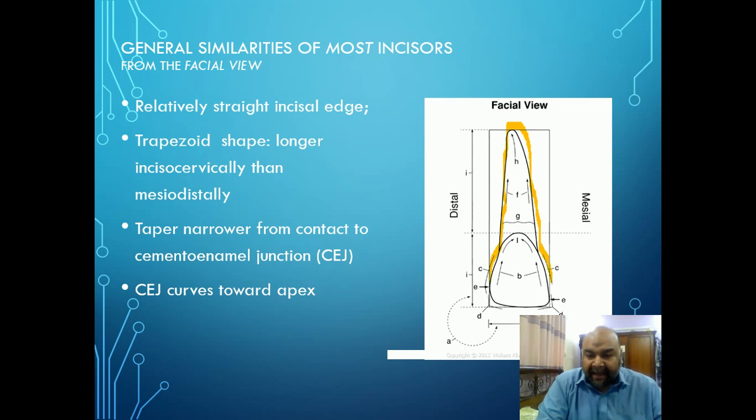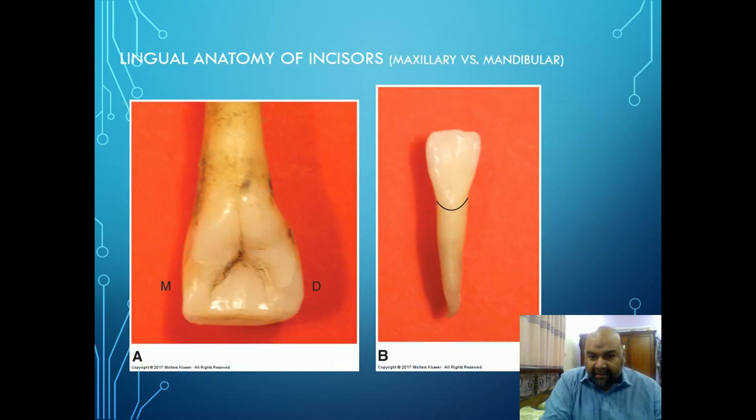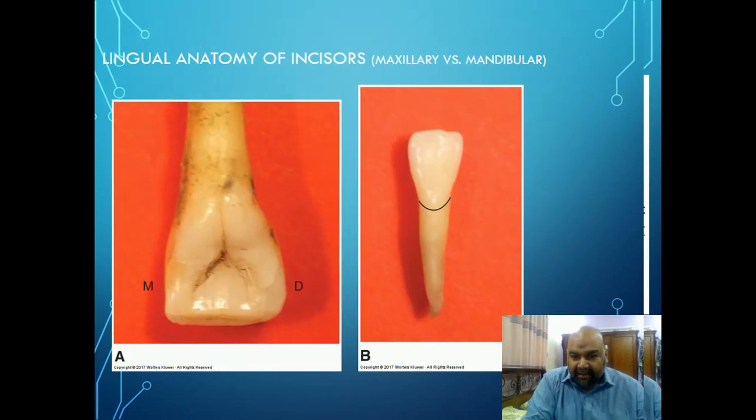So it narrows after the incisal contact point, and then slowly it becomes smaller and smaller until it reaches a conical shape of the apical part of the tooth. And the cemento-enamel junction usually curves towards the apex. If you just look at this cemento-enamel junction, it is curving towards the apex.